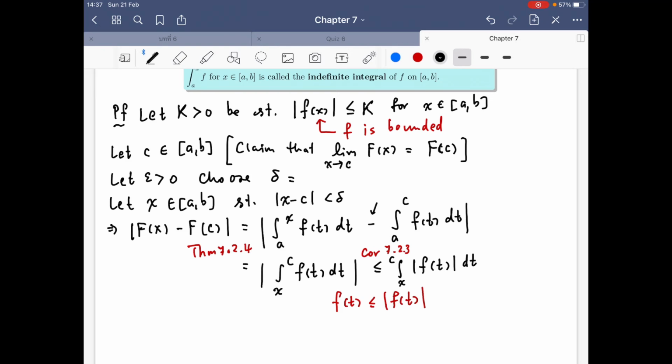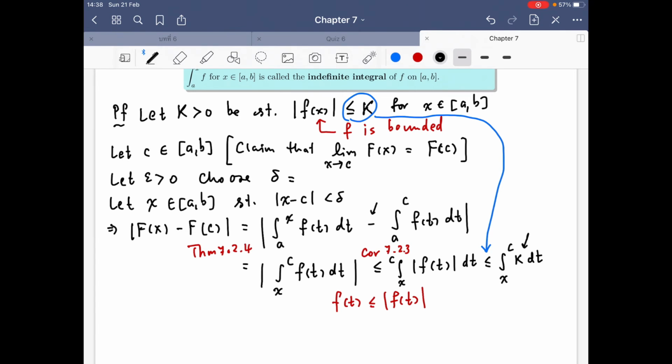And this one, by the bounded condition, will be less than or equal to the integration from x to c of K dt, and this is simply a constant.